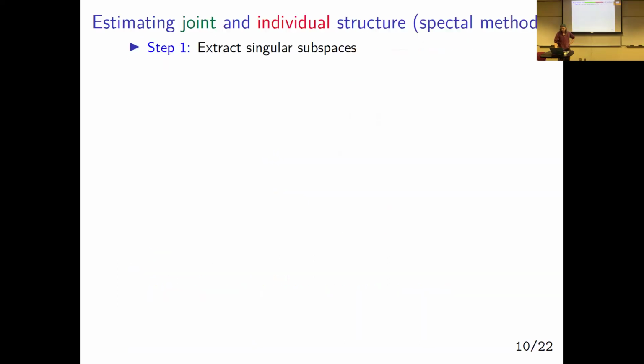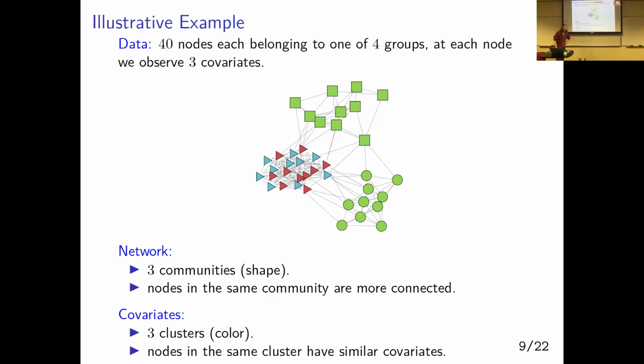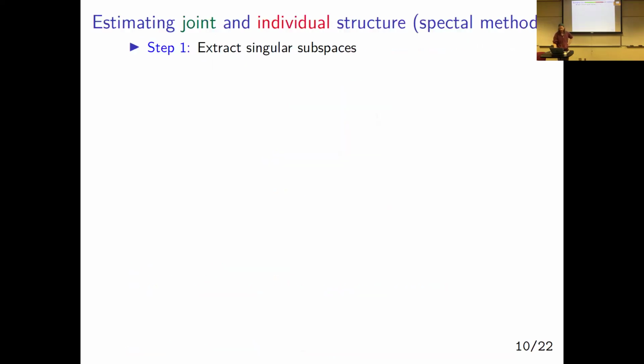Cool. So now let's take our model. I'll tell you how we're going to estimate these joint and individual components, and then we'll plot them and see what information each one has captured. Do you have prior information about the group identity of each node? No. That's figured out somewhere in the algorithm. Well, it depends on what you're doing. Maybe there is some group or community structure, and we don't know it.